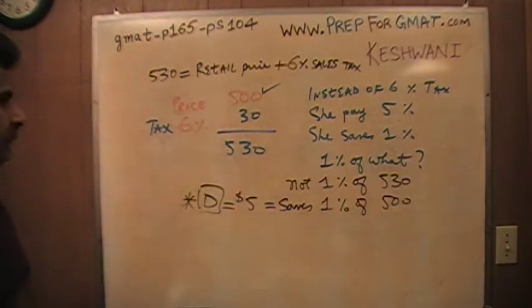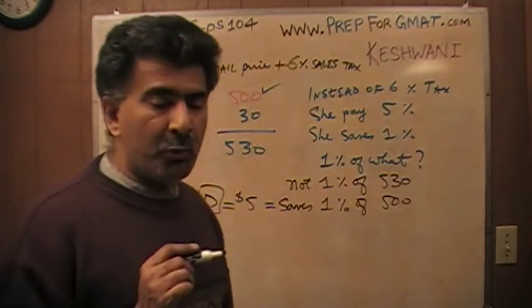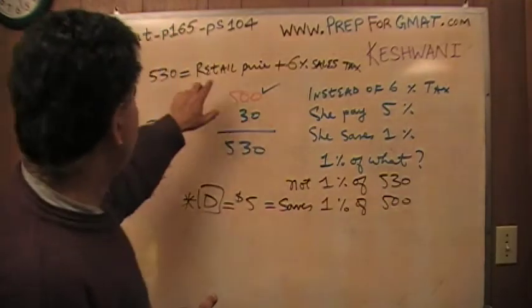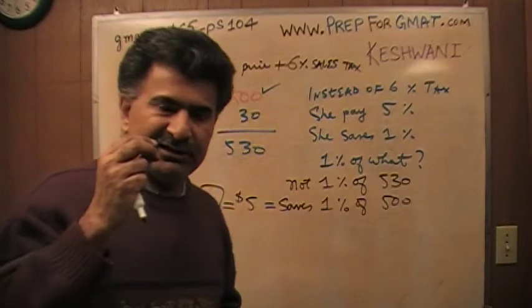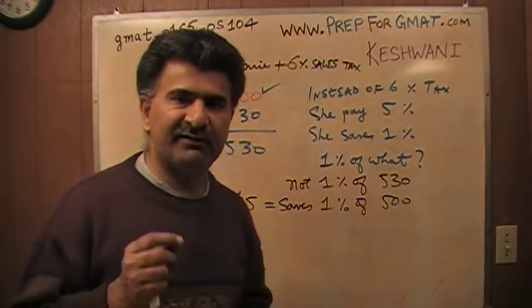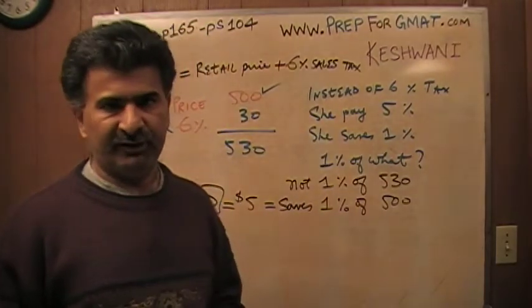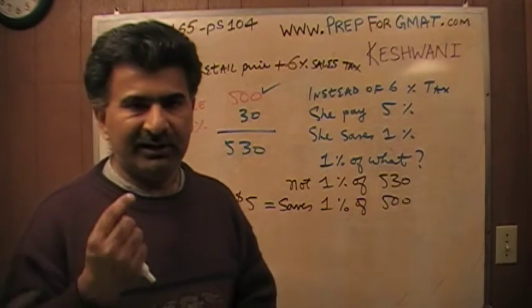But if you're not paying attention, quite inadvertently, quite a few people will end up taking 1% of 530 from the very beginning. It cannot be this. If she buys the stereo in her own state, she pays 6% sales tax. If she goes to a neighboring state, she pays 5% sales tax. So she saves 1%. The question is 1% of what? It cannot be 1% of 530.